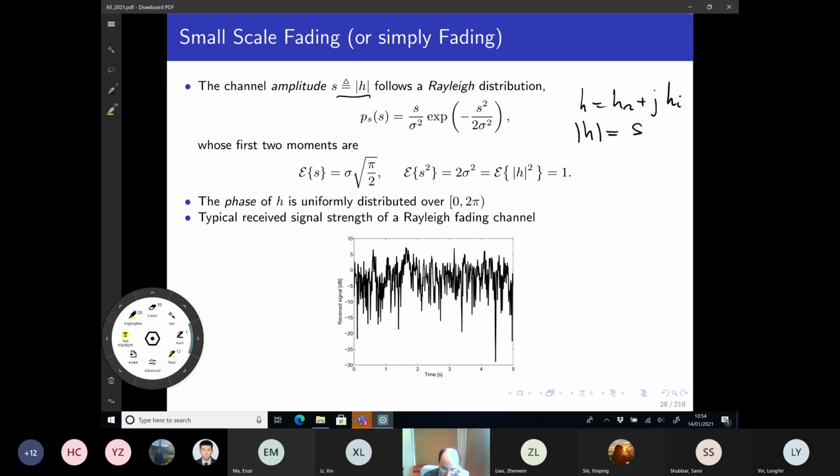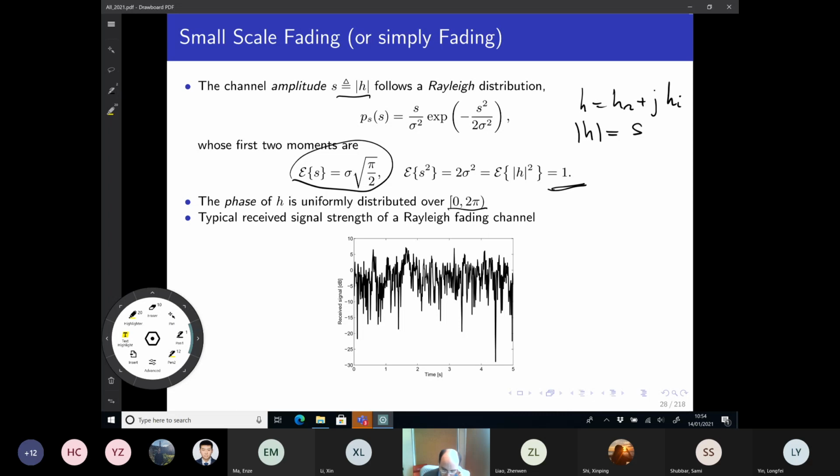The expectation of S squared, that's actually the second moment of this random variable S, will be normalized to 1. You can find the expectation of S as well, given by the expectation of a Rayleigh random variable, but this is not so important. So the magnitude is Rayleigh distributed, and the phase of this H will be uniformly distributed.